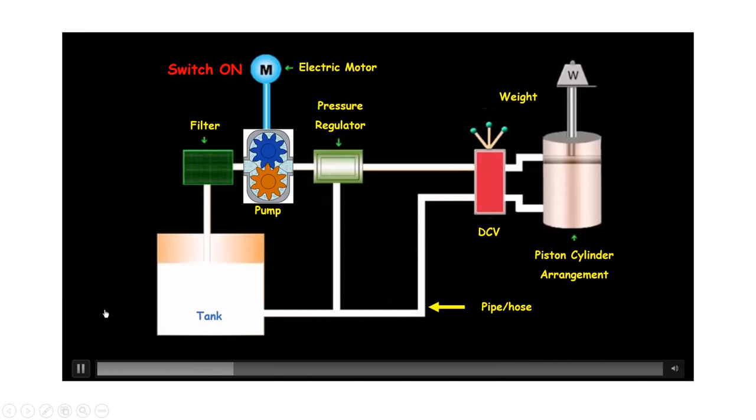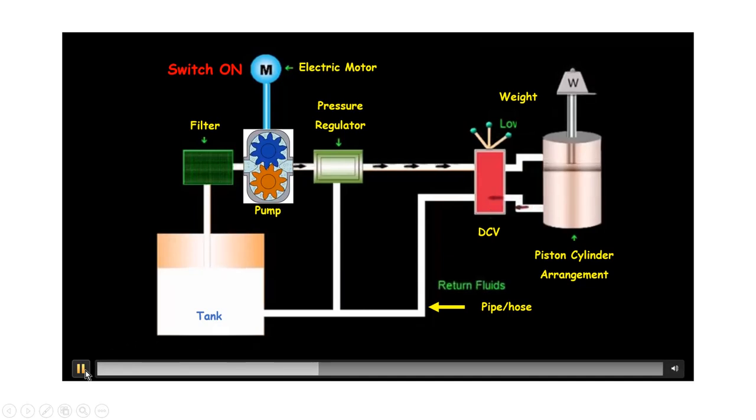Next, the hydraulic oil passes through the direction control valve, through which we can control the direction of fluid flow, either clockwise direction or counterclockwise direction. When the fluid flow is in counterclockwise direction, fluid enters the lower portion of the cylinder, which will lift the piston in upward direction.